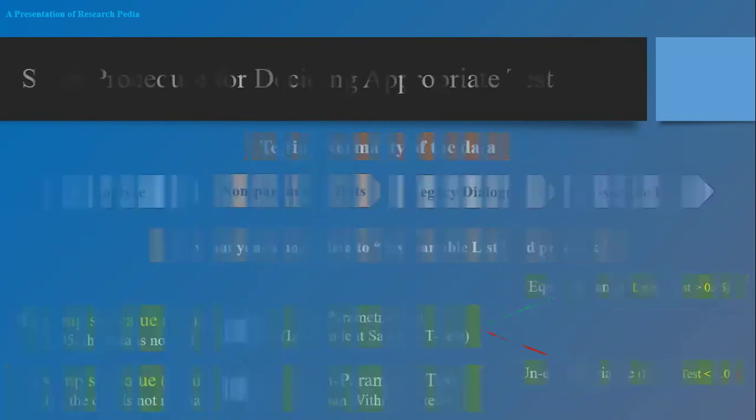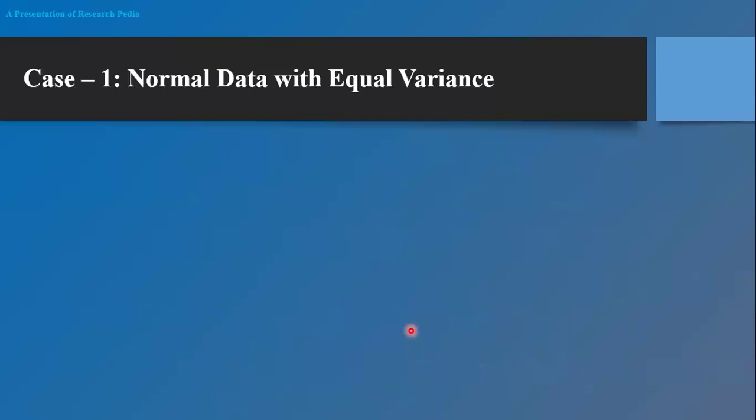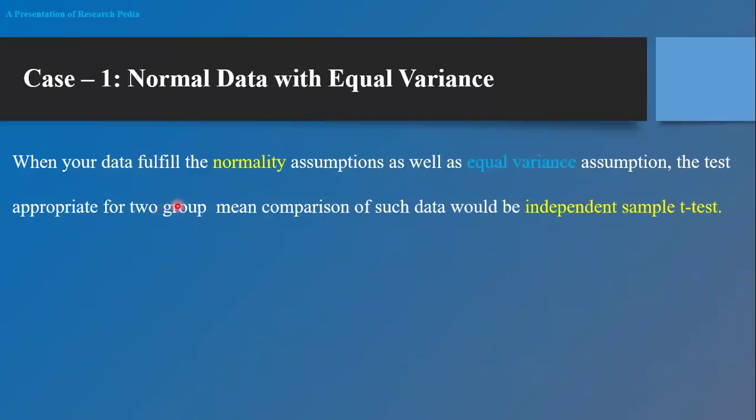So what we need to do, we go to case number one, normal data with equal variances. When your data fulfill the normality assumption as well as the equal variance assumption, the test appropriate for two group mean comparison of such data would be the independent sample t-test.